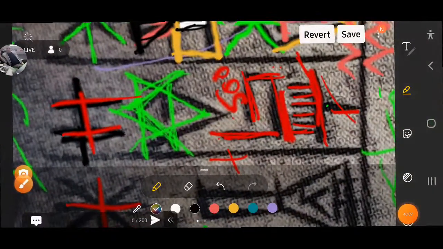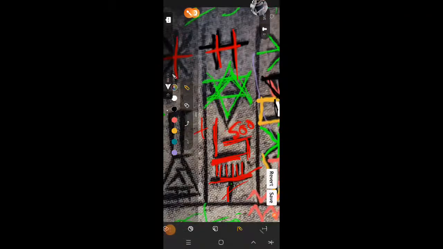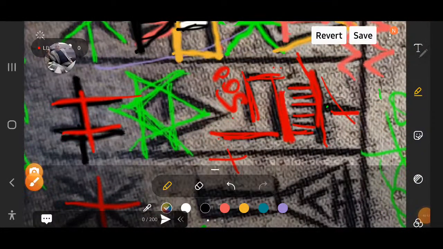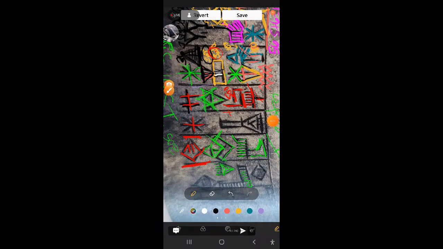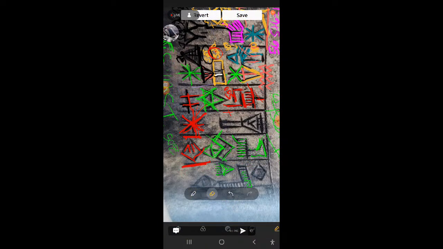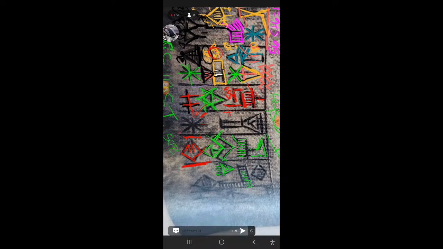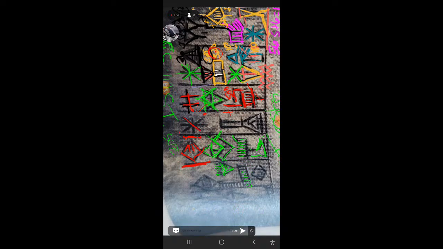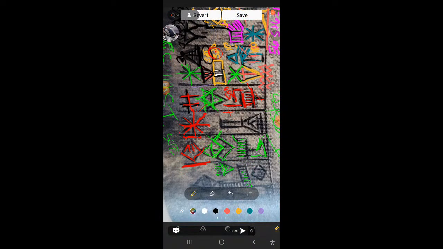What I see is an axis of 3 dimensions. 1, 2, 3. 1, 2, 3. It's sloppy, but 1, 2, 3, 4.